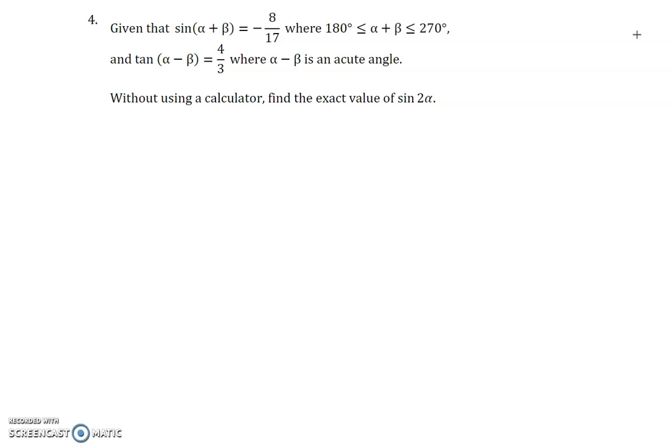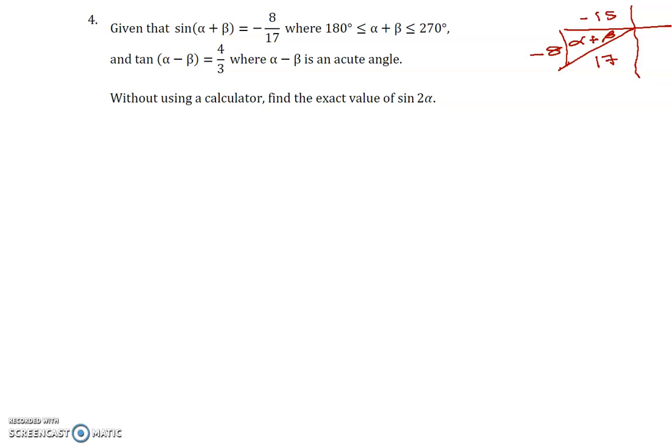So alpha plus beta is in itself an angle, and it is in the third quadrant. So if it's in the third quadrant, this should be 8, and the hypotenuse is 17, so this must be 15.